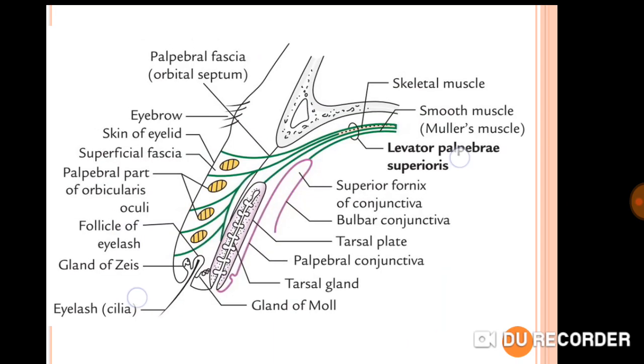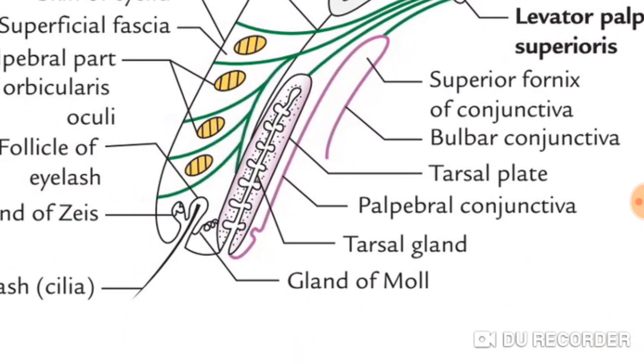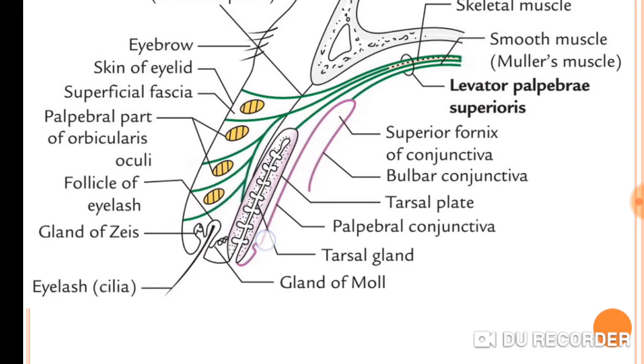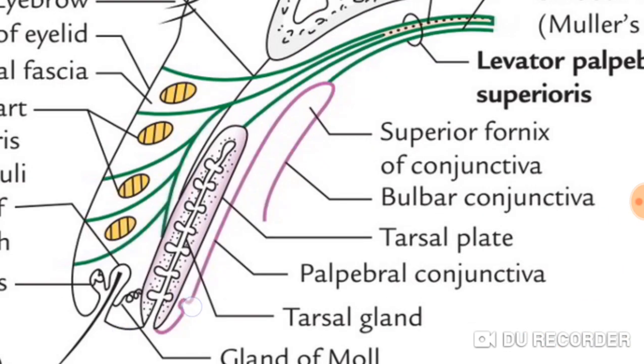Now moving ahead, you should also see that at the undersurface there is a small sulcus that is running throughout the eyelashes. So this small sulcus, if you can appreciate it here, is your small sulcus.